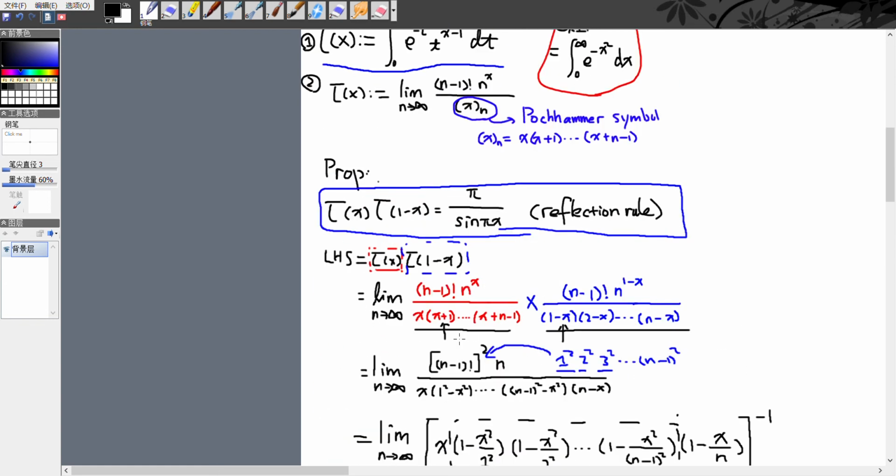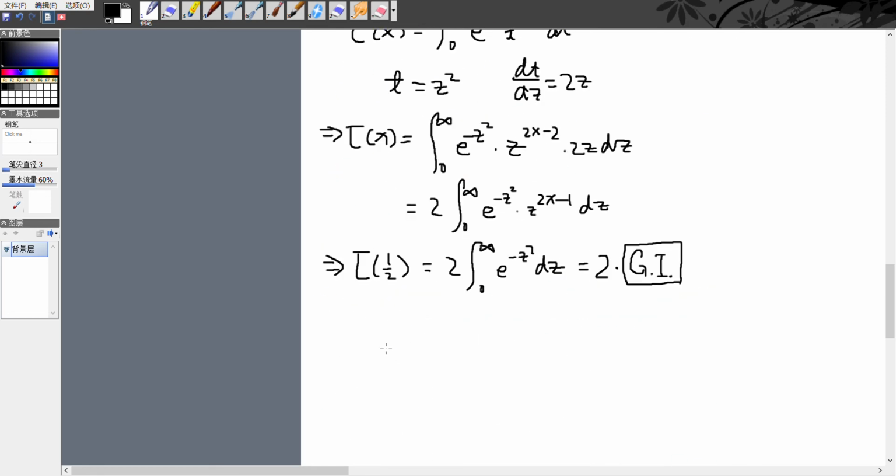So now we'll just set our x equals 1 over 2 in our reflection rule, and let's see what will happen.